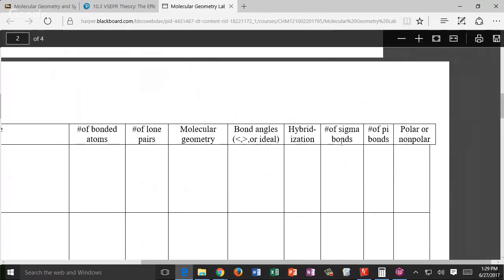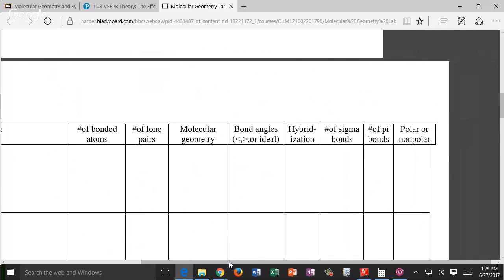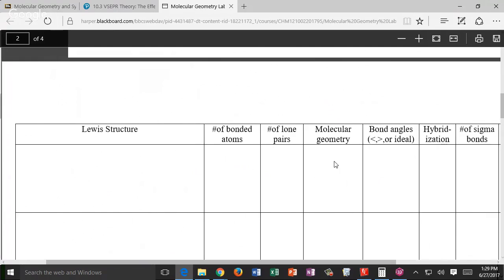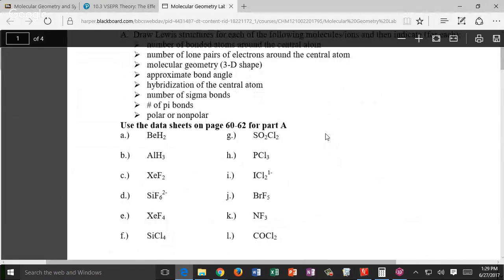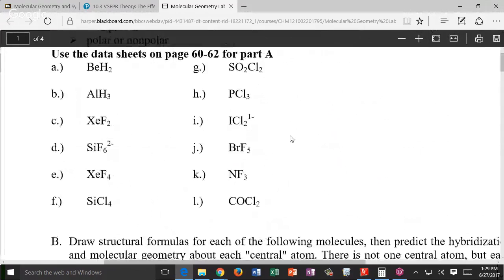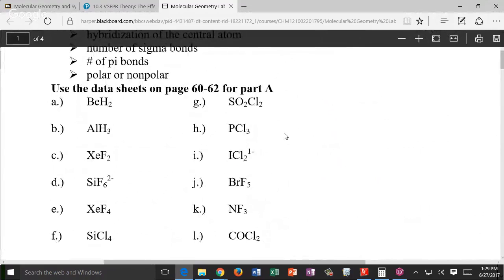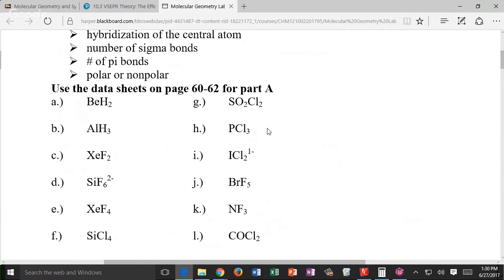We're going to hold off on the last half of this table because it has to do with the orbitals. We'll get into that on Thursday. But just the first 4 columns here, you should be able to fill in for each of these. If you don't have this with you, that's fine. You can just take a look at it up here. So draw Lewis structures, determine the geometry and the bond angles for each of these.